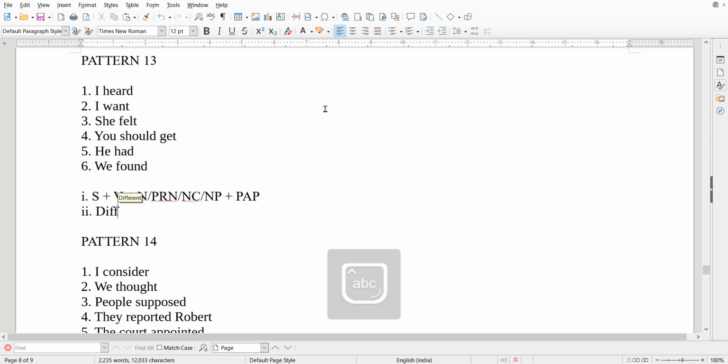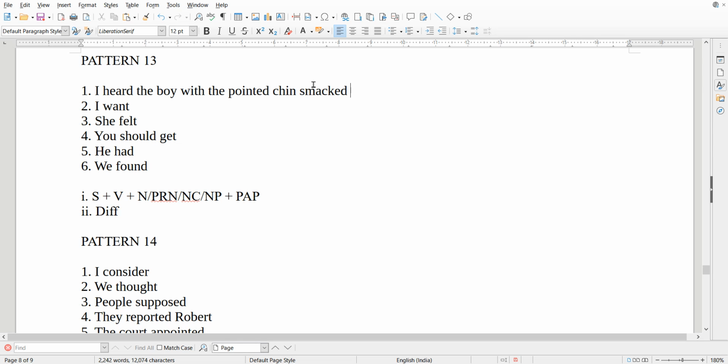Noun, pronoun, noun clause, noun phrase. I heard the boy with the pointed chin smacked. I want this job done. So these are the past participles of verbs.